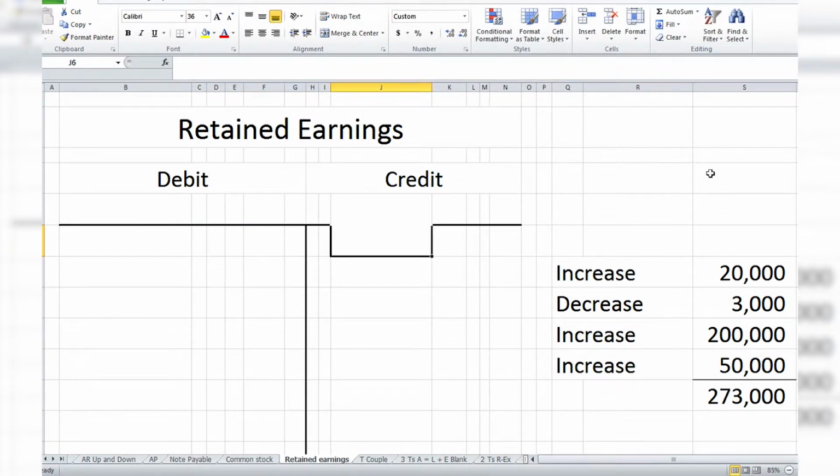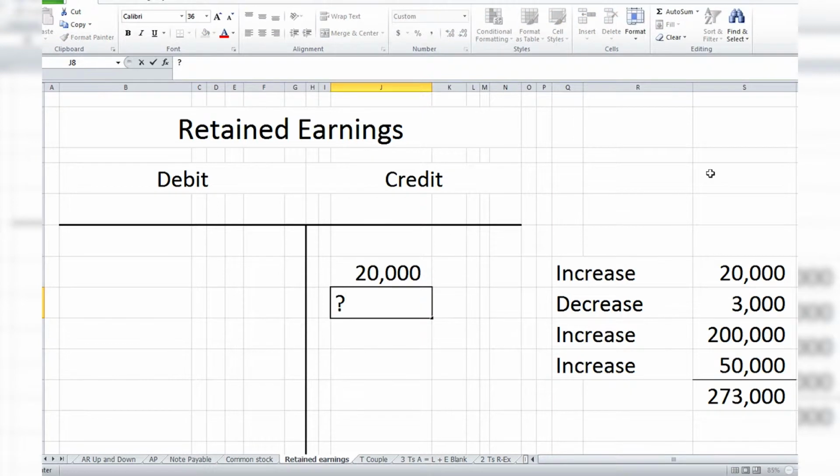Now, credit, equity up. Credit, equity up. You just have to memorize it. If you know one half of the other transaction, you might know that if you debit equity, it goes down. So check it out. Increase 20,000. What would make retained earnings increase 20,000?